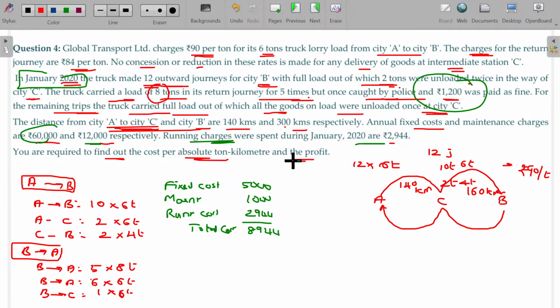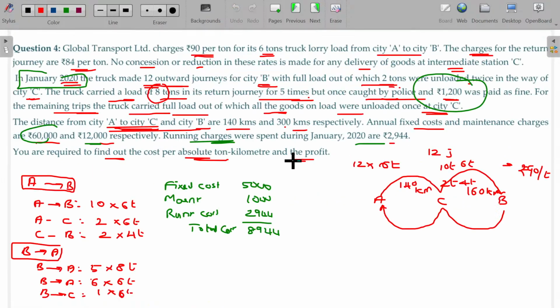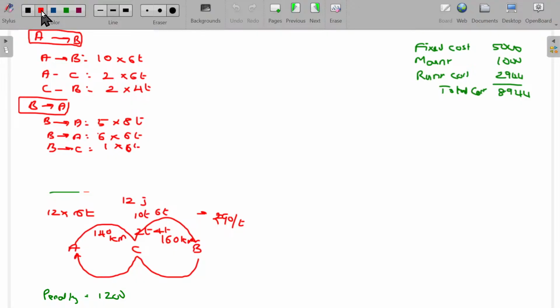And then the profit. So find out the absolute ton kilometers first of all. A to B, how many kilometers? 300 kilometers, 6 ton carried. A to C, 140 kilometers.